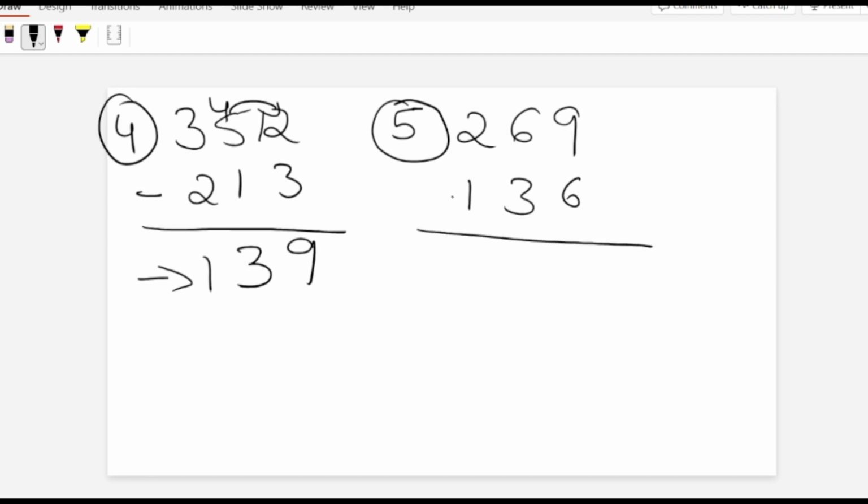This is easy, I have taken it for you to practice. 9 minus 6 equal to 3. 6 minus 3 equal to 3. 2 minus 1 equal to 1. The answer is 133. Like this, you have to do the subtraction.